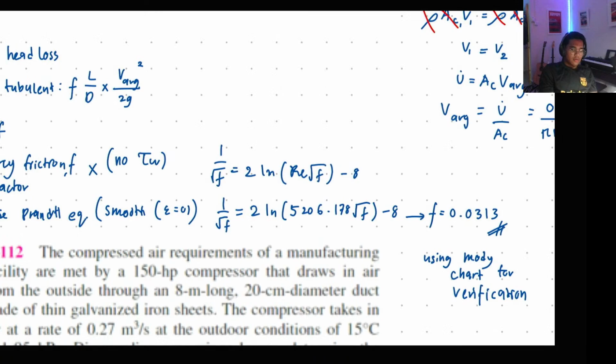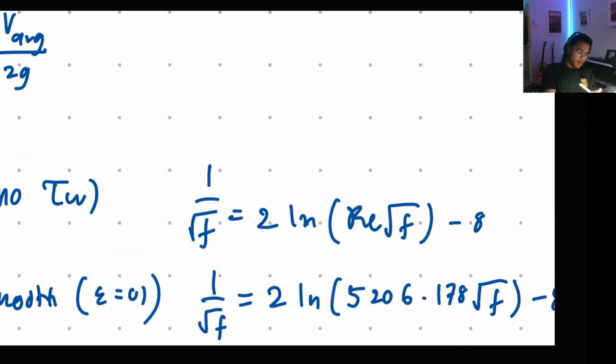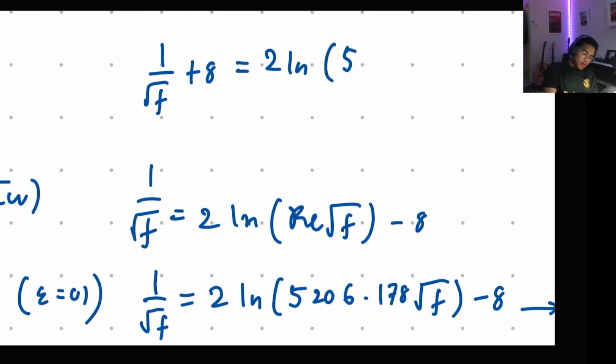Is there another way to solve the equation other than an equation solver? I don't know, because I'm not good at this. Adding 8, it equals 2 log of 5,206.178 root f.